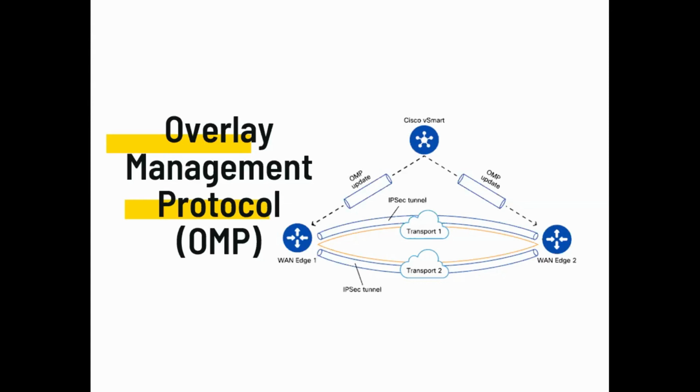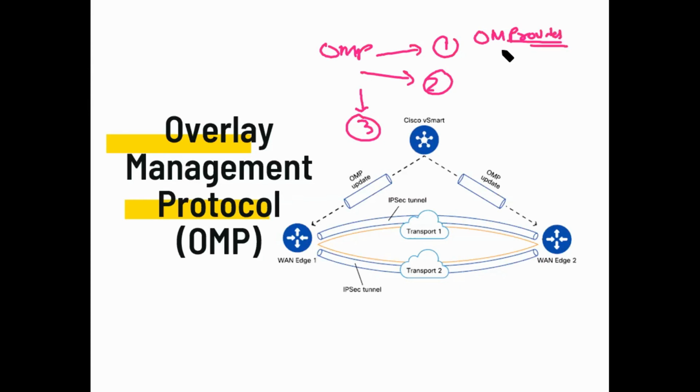Now, OMP has three kinds of routes. We will talk about OMP routes in a very quick way. So OMP can have three routes. The first route can be named OMP routes, or it can also be named Viptela routes.